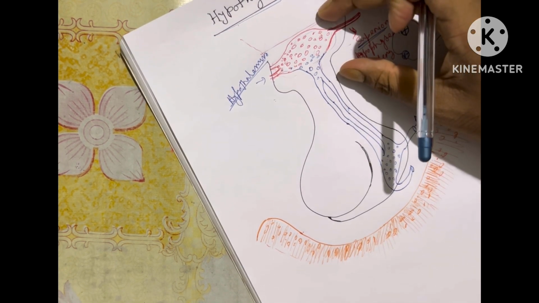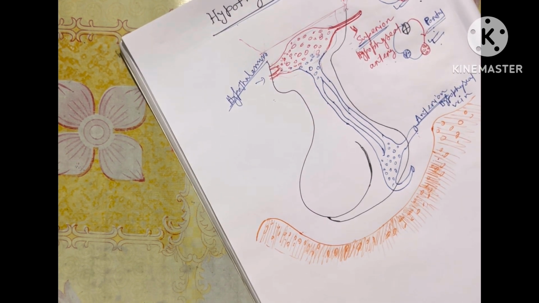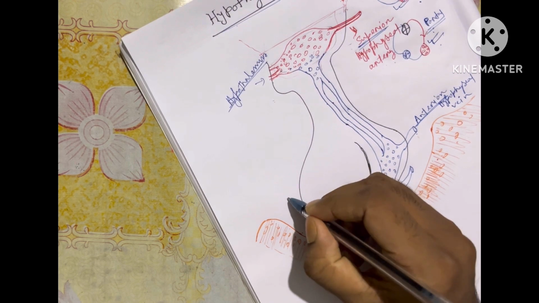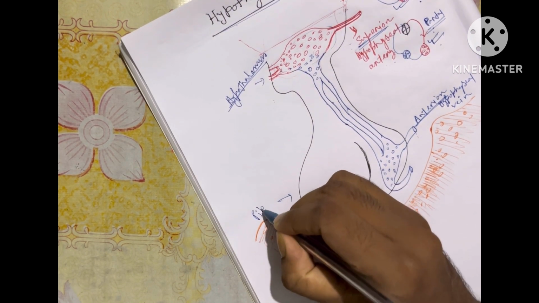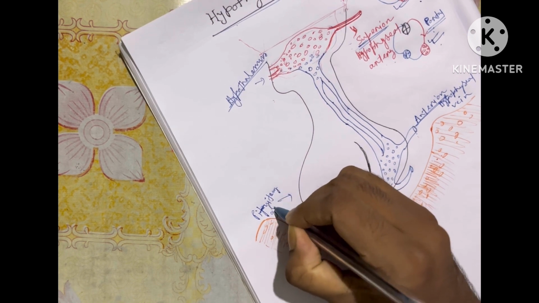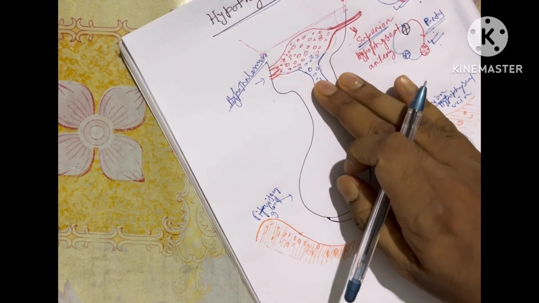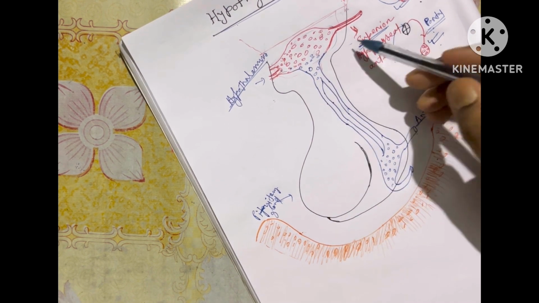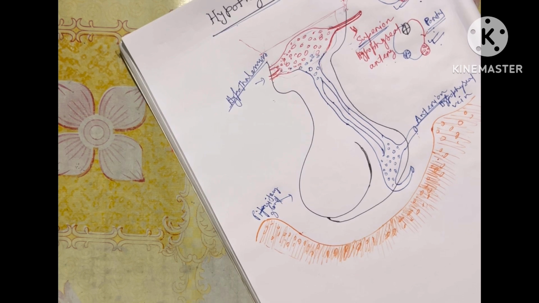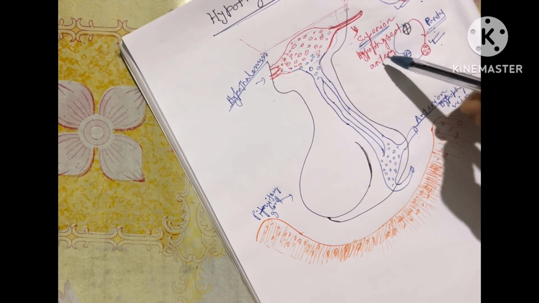Because the hypothalamus is present above, or superior to, our pituitary gland. This is our hypothalamus, and this is our pituitary gland. Since the hypothalamus is superior to the pituitary gland, it is called the superior hypophyseal artery.